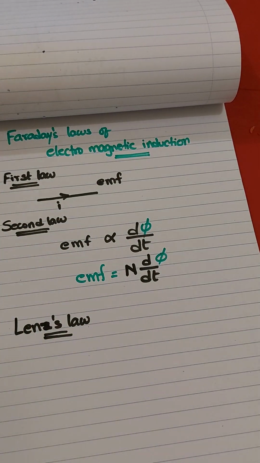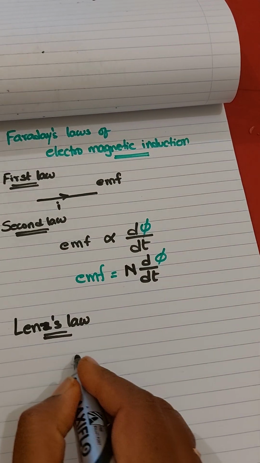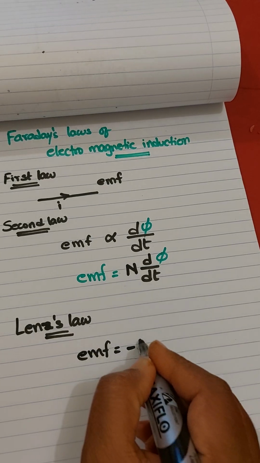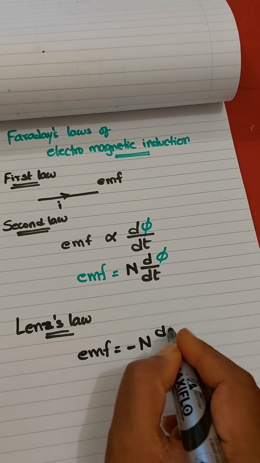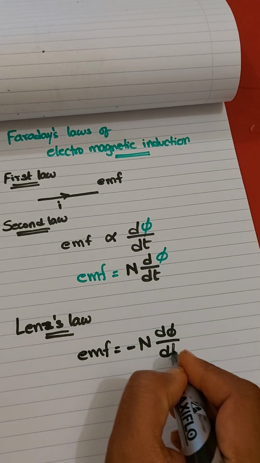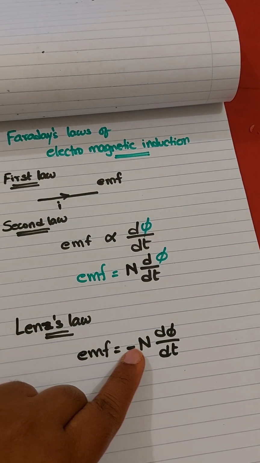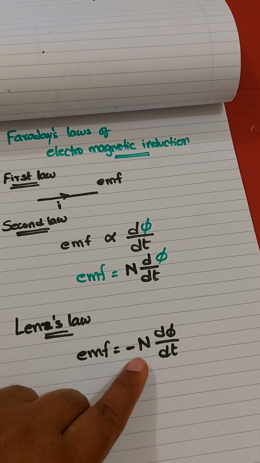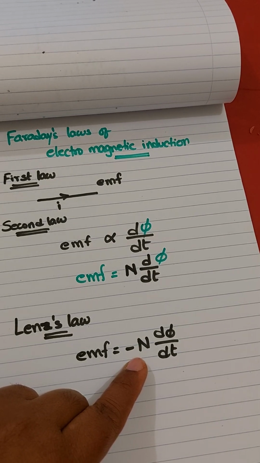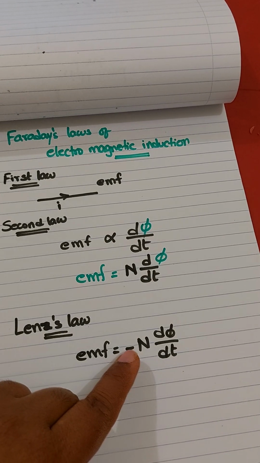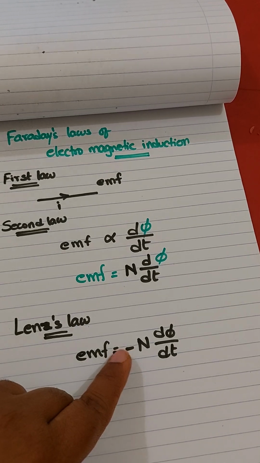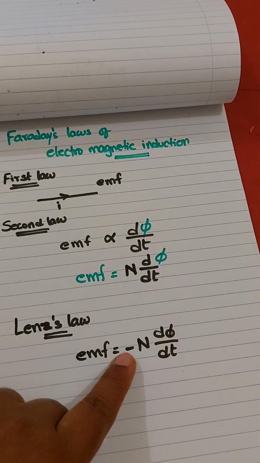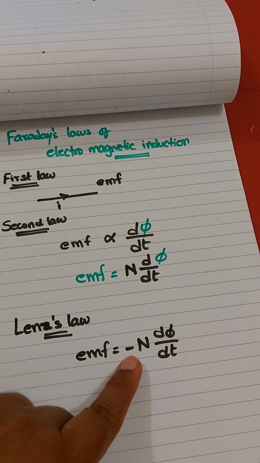So according to Lenz's law, the EMF induced will always carry a negative sign. The produced field is opposed by the motion, so that's why we are using a negative symbol.